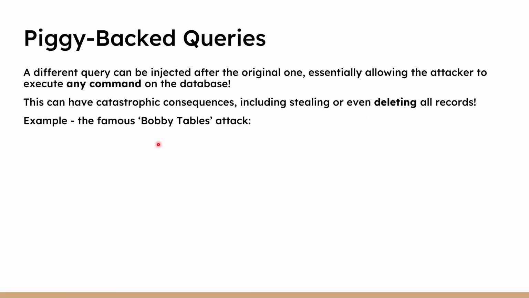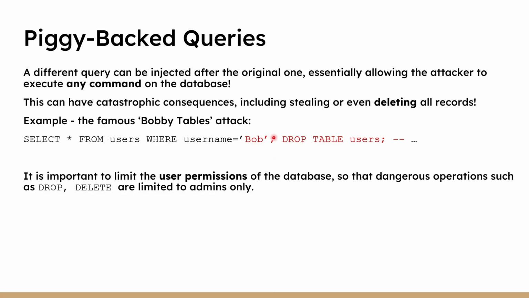So there's the famous Bobby Tables attack, which is basically where you enter this as a username, and instead of checking your username, it deletes every user in the database because, what's this? Basically they end one query here and just write another.